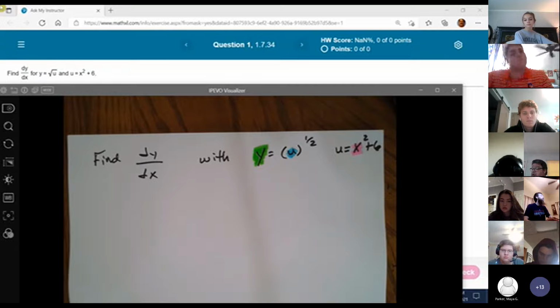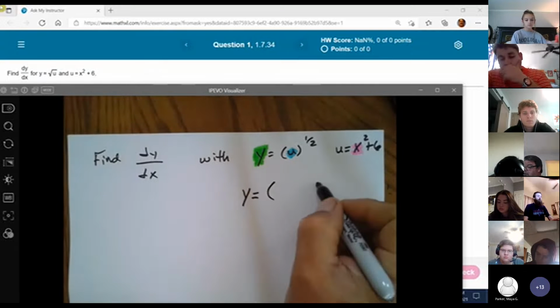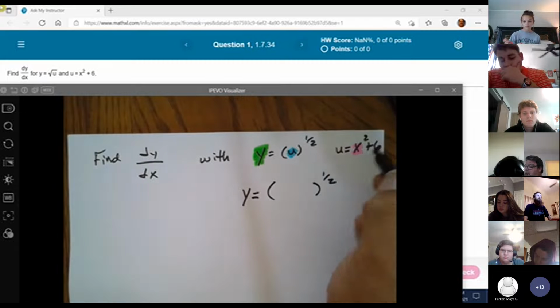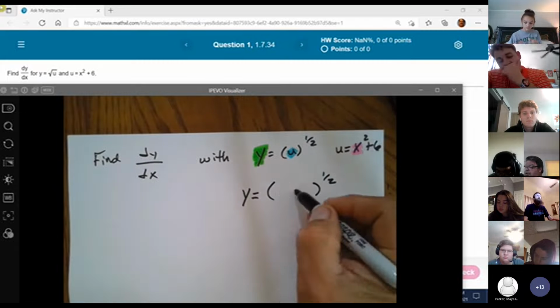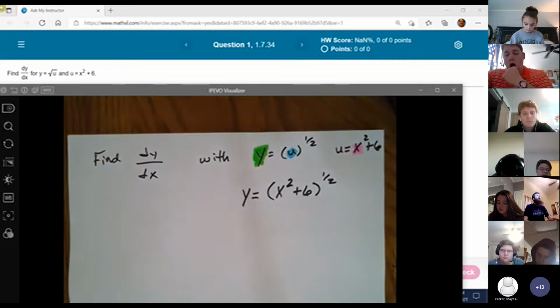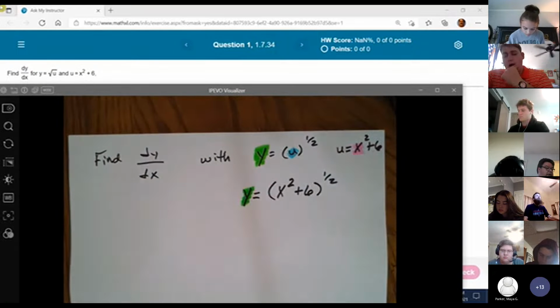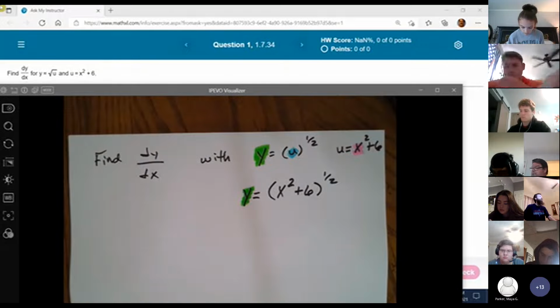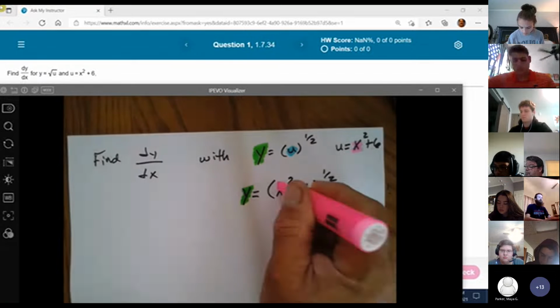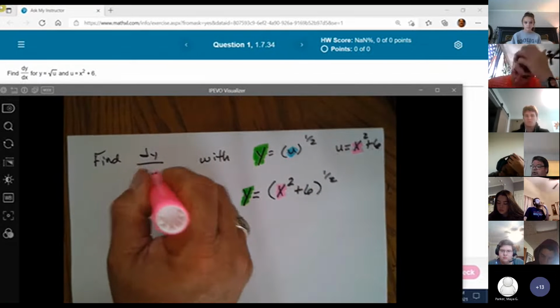So we plug and chug. y is equal to parentheses to the 1/2 power, and plug that x squared plus 6 in here. And now we can take the derivative of y with respect to x. And that's what this means right here.